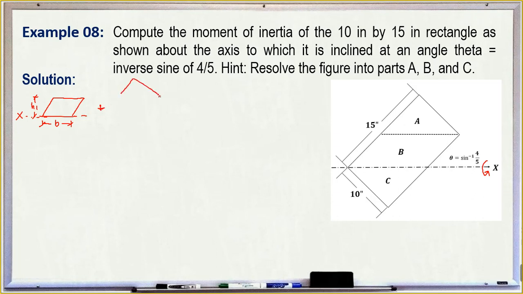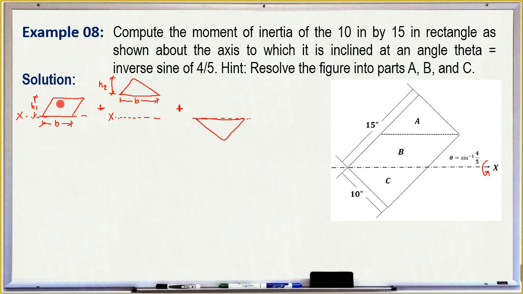Again, its base is B, the same as the parallelogram, and this is the x-axis. For this triangle, we also need to solve its height, so h2 lang ni siya. Plus the moment of inertia of the lower triangle.